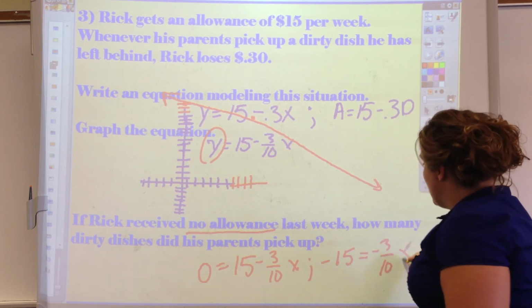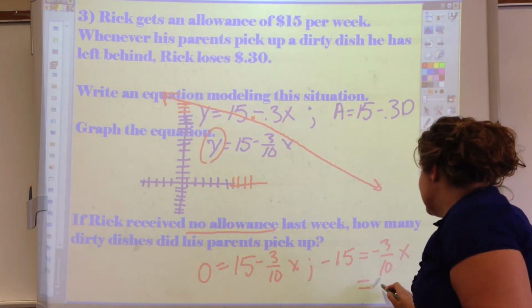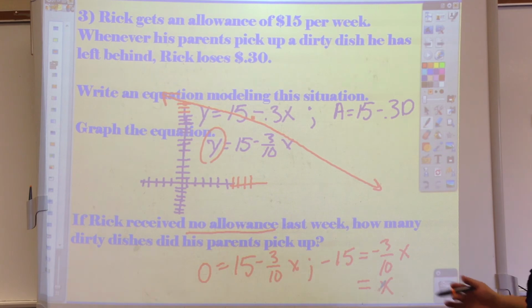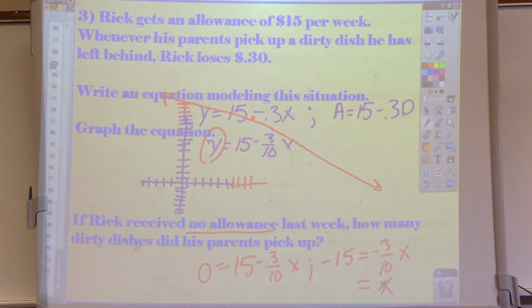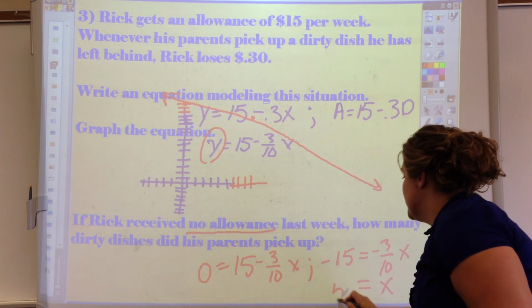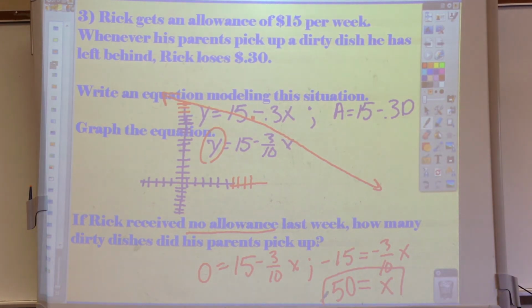And then x is being multiplied by a negative 3/10, so I want to do the opposite and divide, or multiply by the reciprocal. A negative times a negative is a positive, and 15 divided by 3 is 5, times 10 is 50. Looks to me like Rick's parents picked up 50 dirty dishes, and I don't feel bad for Rick at all.